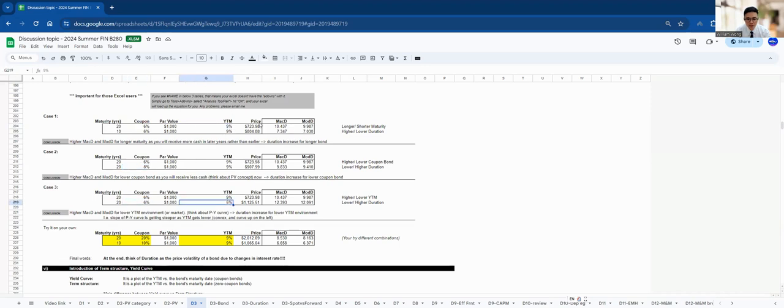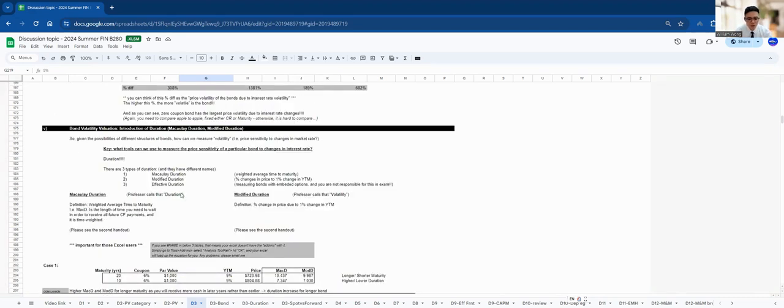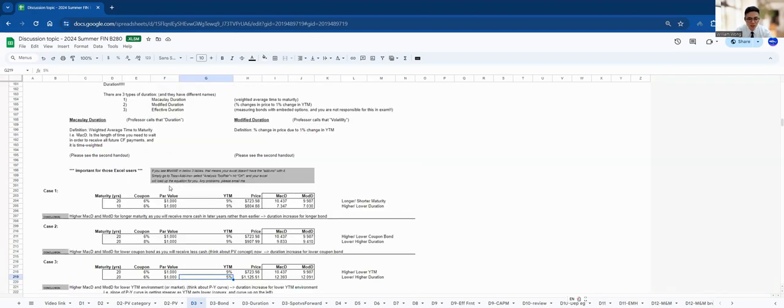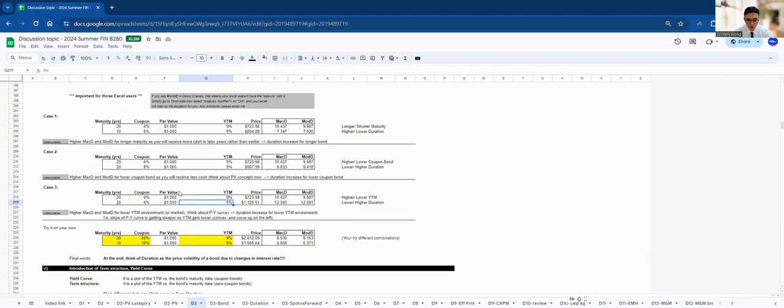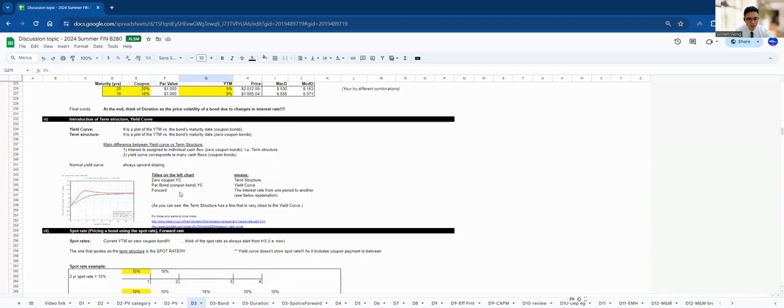And you will get different prices, and different Macaulay duration and modified duration. So you can see how these things work. And of course, if you go one level down, it's going to be effective duration, and at the end you will have something called the convexity measure. So that will be very, very complicated.